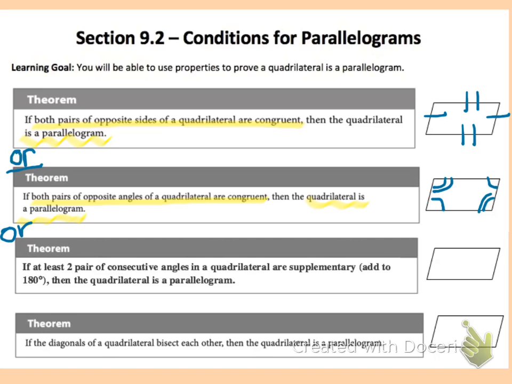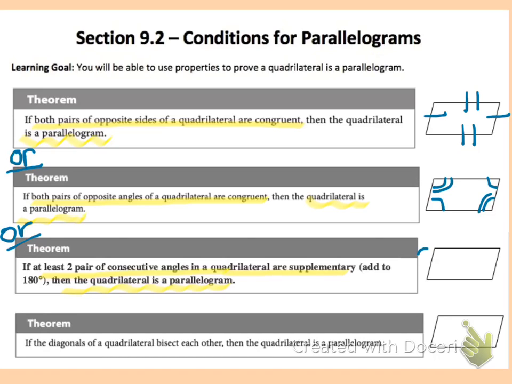Or you could also prove that something is a parallelogram if at least two pairs of consecutive angles in the quadrilateral are supplementary, then the quadrilateral is a parallelogram. So if you can find at least two pairs of consecutive angles, it's not enough to just find one pair.